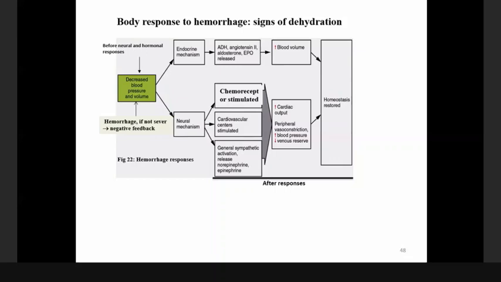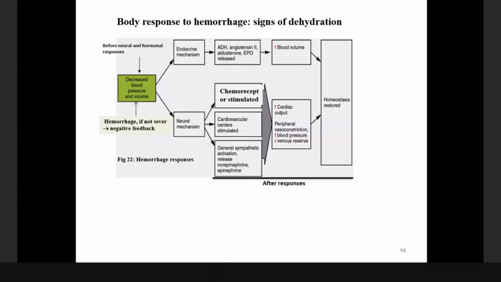So in the endocrine responses, there are hormones produced in your body after hemorrhage, but that takes more time than the neural responses. The first is antidiuretic hormone, which reduces excretion of water. Diuresis is excretion of water.